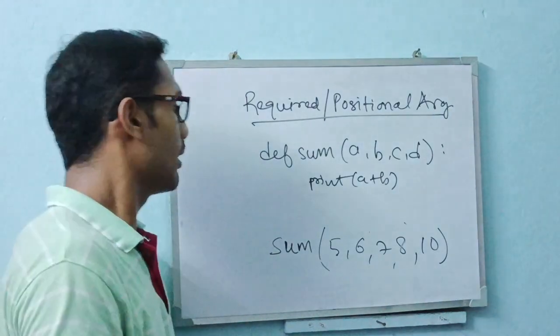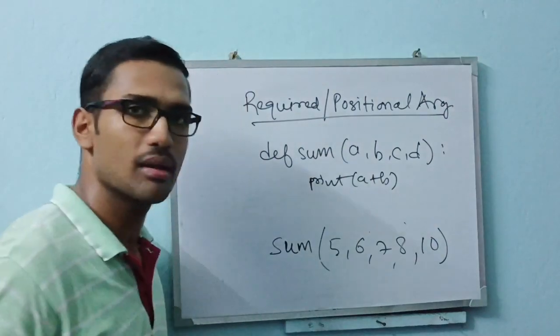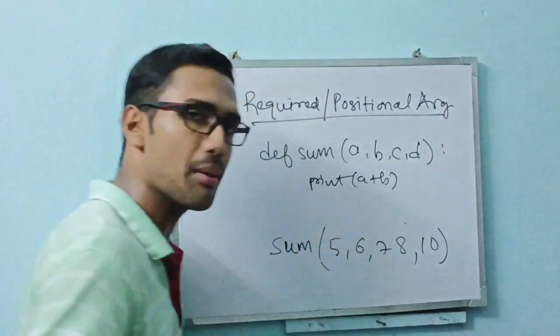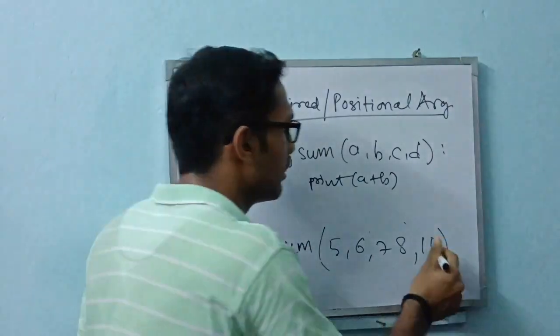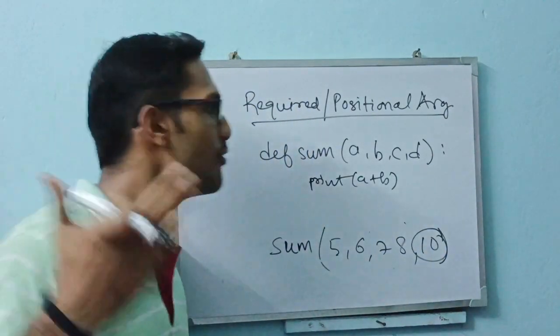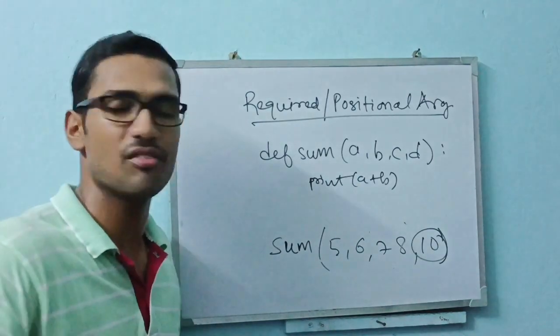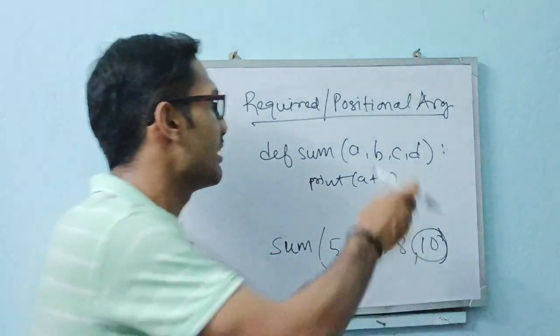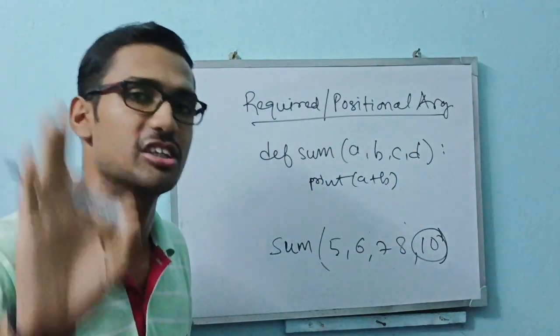Why? Because since there are 4 parameters, and you have passed 4 arguments, the 4 parameters are getting their respective values. Then this particular argument, it is for whom? It is for which parameter? So this will obviously generate an error, because you have defined 4 parameters, so you need to pass 4 arguments during the function call.